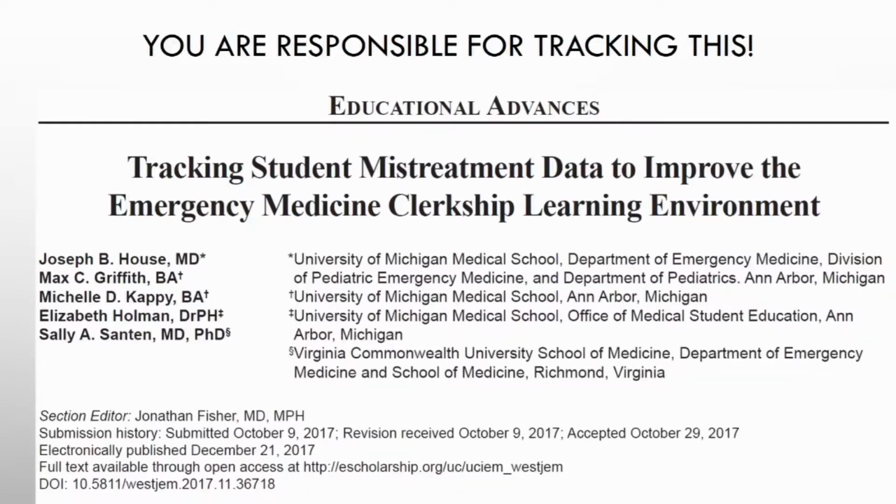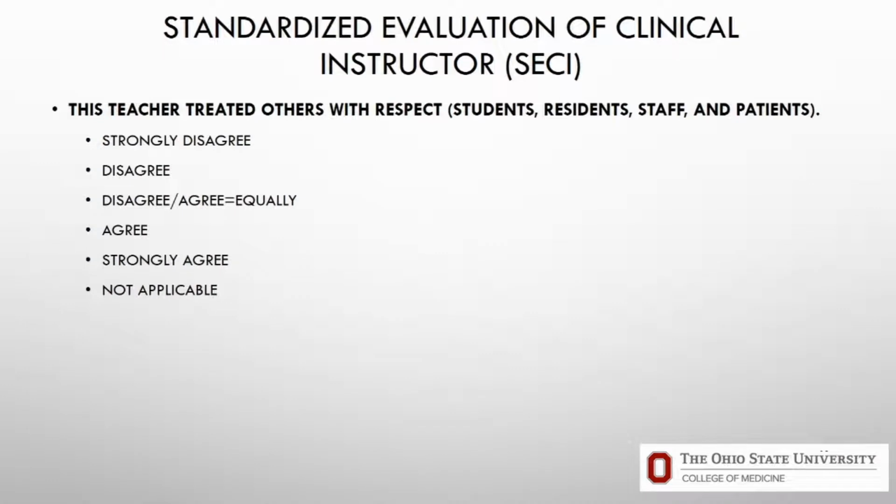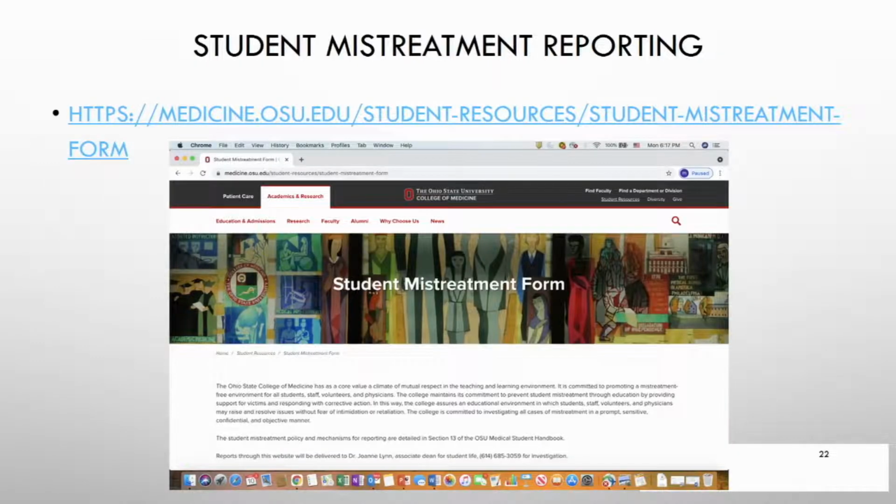A lot of students may not necessarily feel comfortable stating specifically, in an end of clerkship evaluation or an end of shift evaluation, that they were mistreated, which is why it may be beneficial or important to have some sort of anonymous reporting system that's institution-wide, that is investigated by an independent team and can get to the bottom of any mistreatment scenarios.